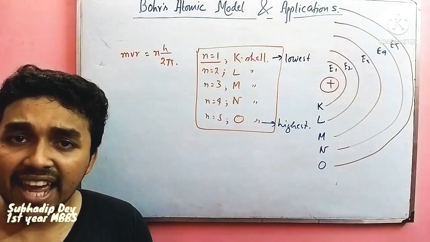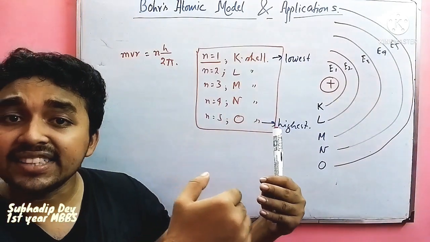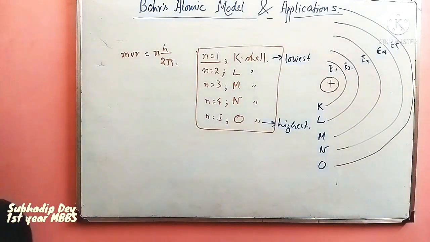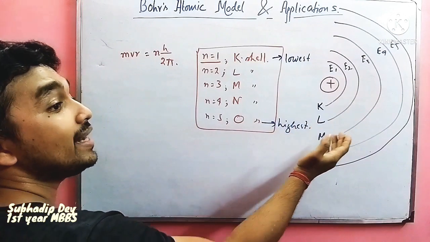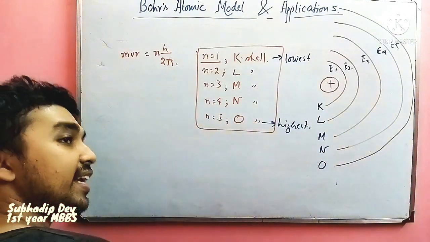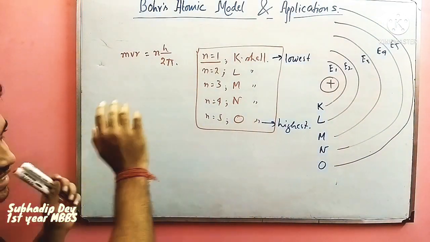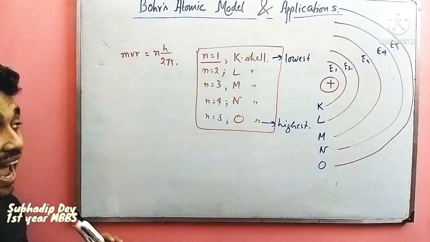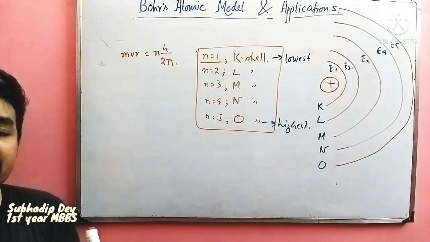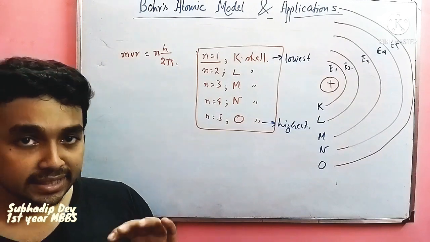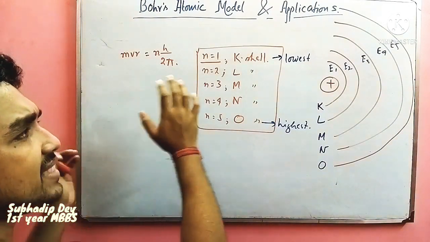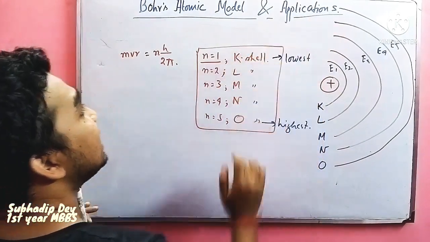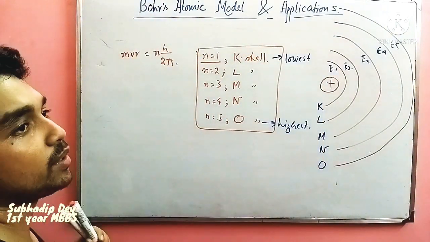Whereas if any electron emits energy, that means its energy level is decreased and it jumps to an orbit nearer to the nucleus. So please remember all this concept, and this concept will be very valuable for solving the numericals that I will come to later on. Now we will see some applications regarding Bohr's atomic model.